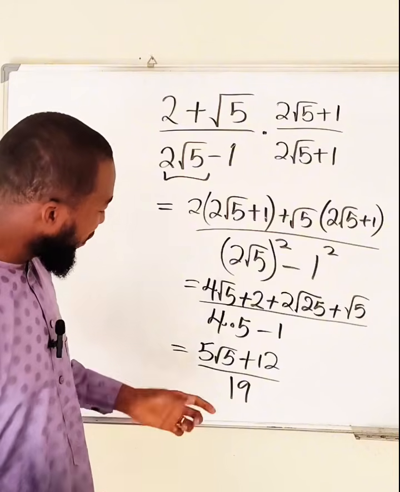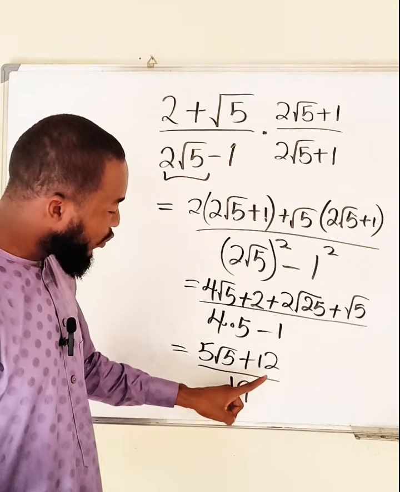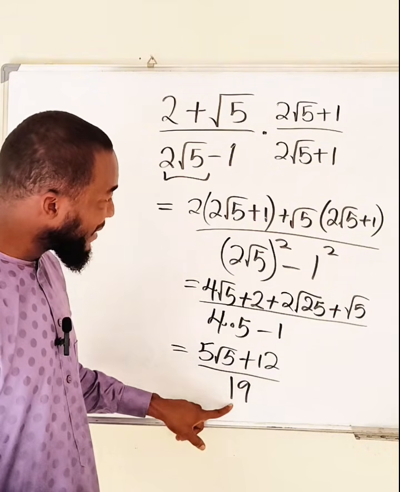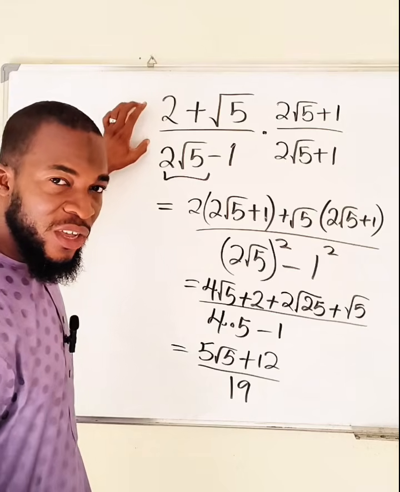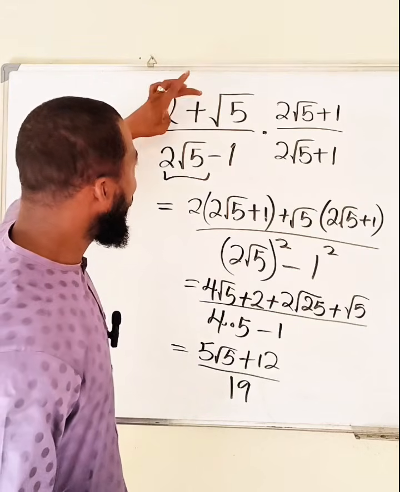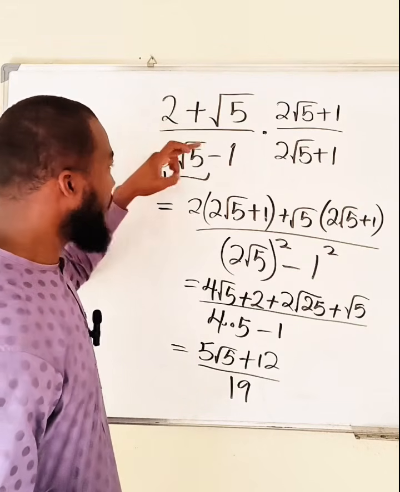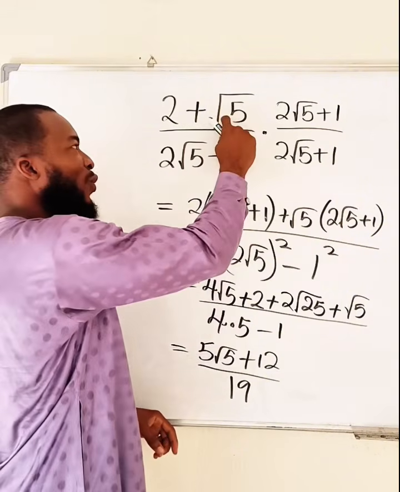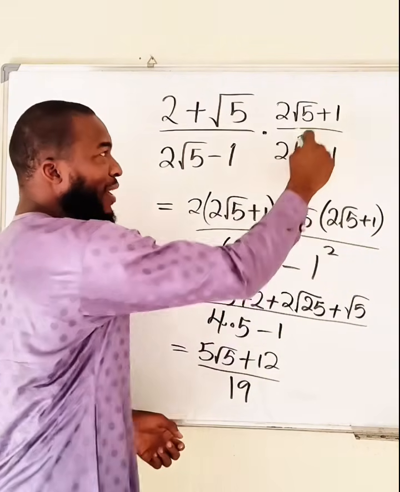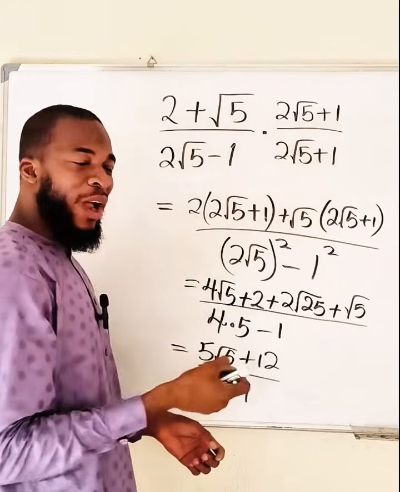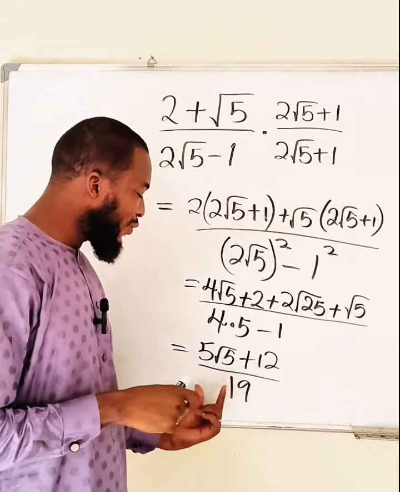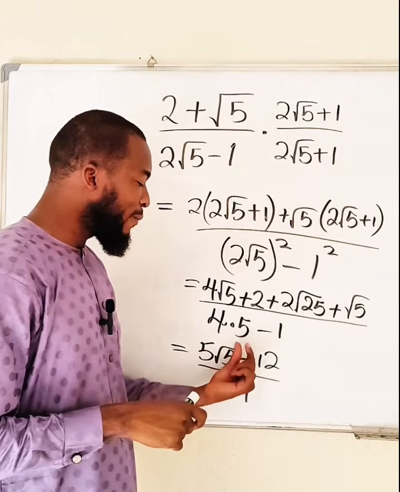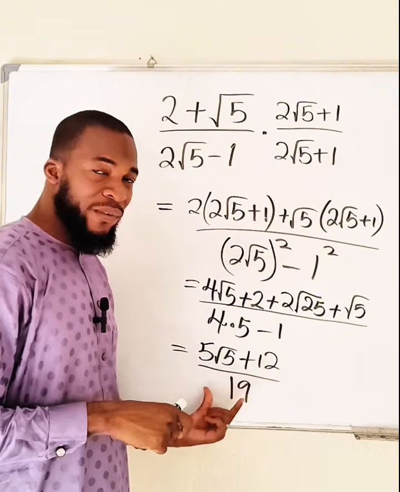So you should know that 5 root 5 plus 12 divided by 19 is equivalent to the initial expression, which is 2 root 5 divided by 2 root 5 minus 1. They are said to be equivalent because we just multiply this one logically by 1, because this is logically equal to 1. And in the end, we are able to obtain 5 root 5 plus 12 divided by 19.